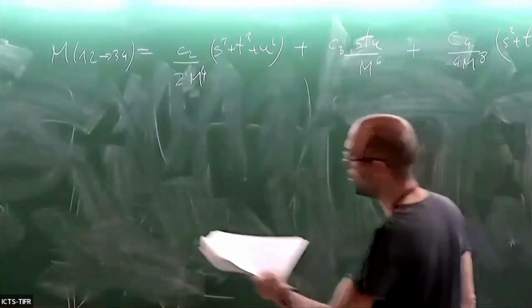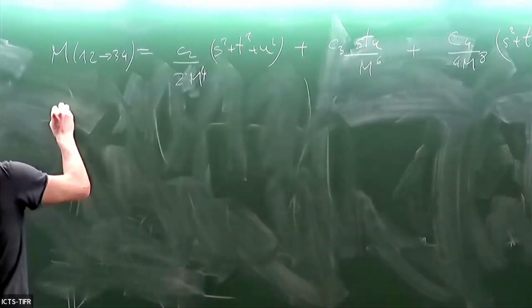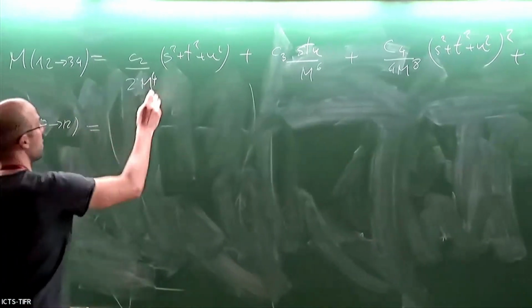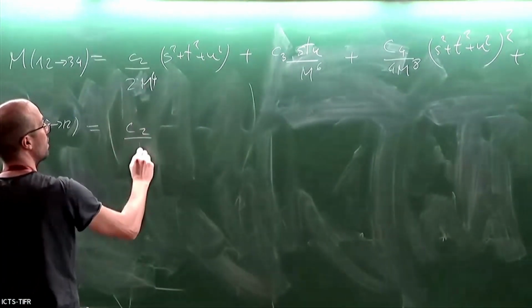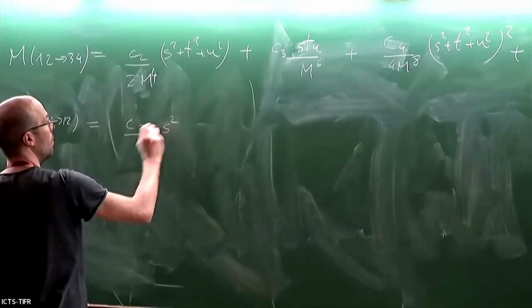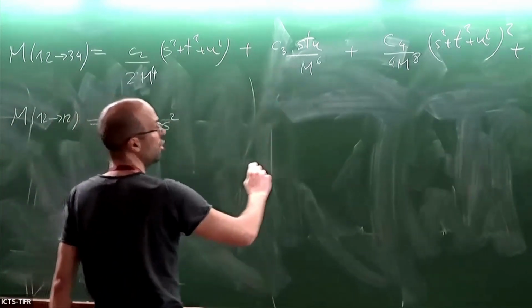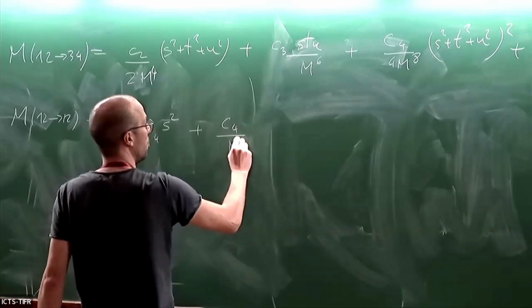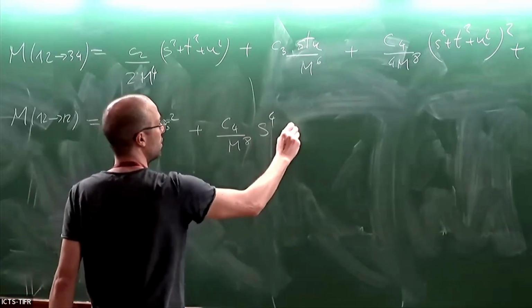In the forward limit, the one we have been working in, this gives us c2 over M^4 s squared. This one vanishes. That one gives us c4 over M^8 s to the fourth, and so on.